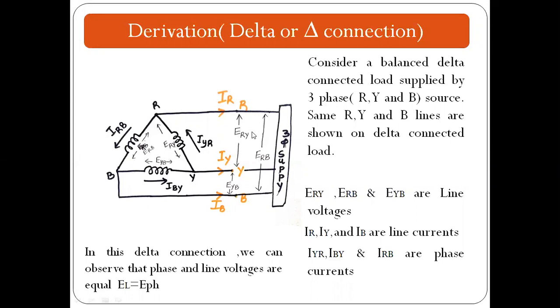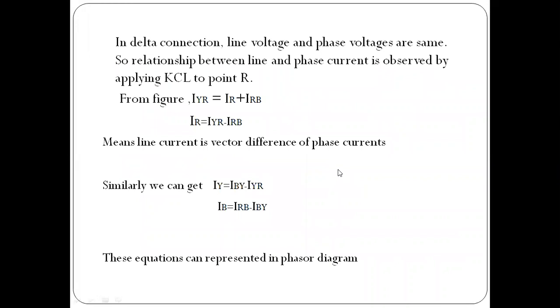Whatever phase we have is connected between the lines. That's why in case of delta connection, line voltage is equal to phase voltage. Remember this one.